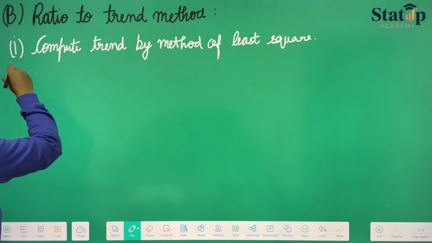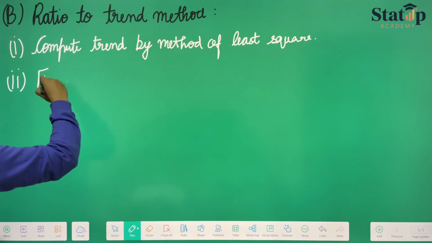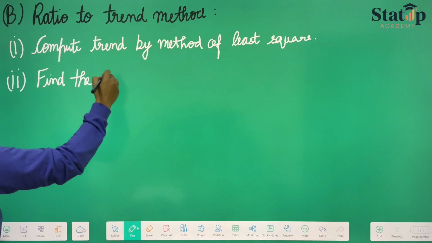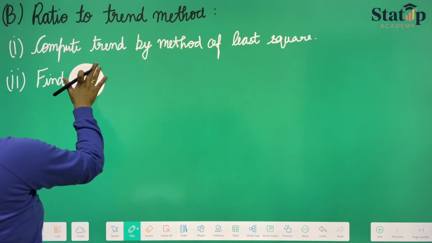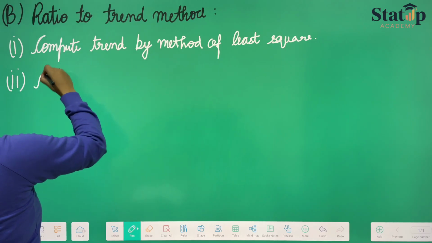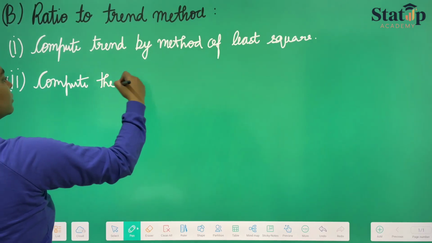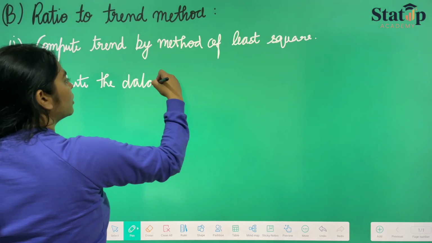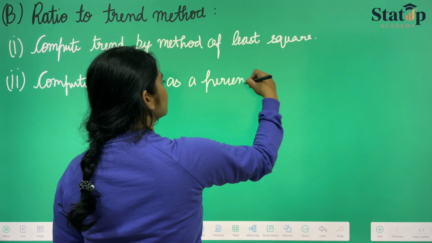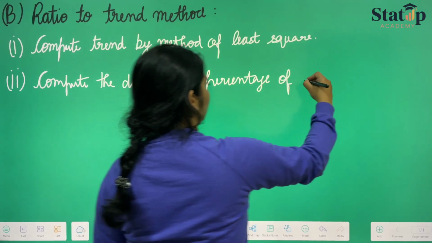The second one is, now compute the data as a percentage of trend.